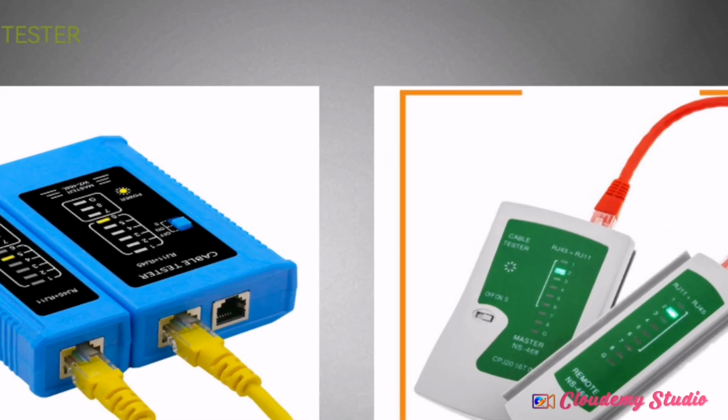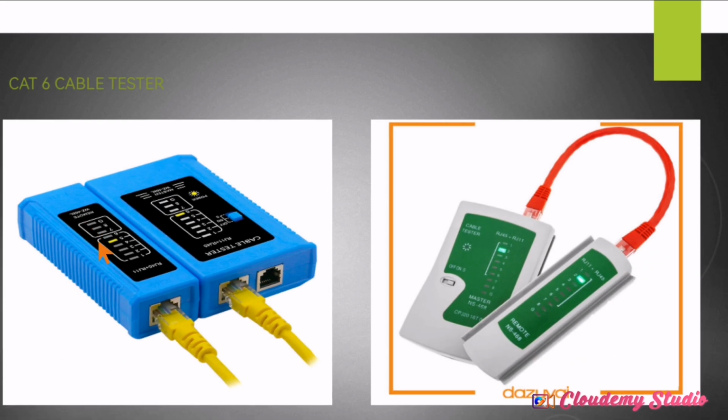There are some colors here: 1, 2, 3, 4, 5, 6, 7, 8, 9. These colors will start moving here, matching. They follow the color coding.